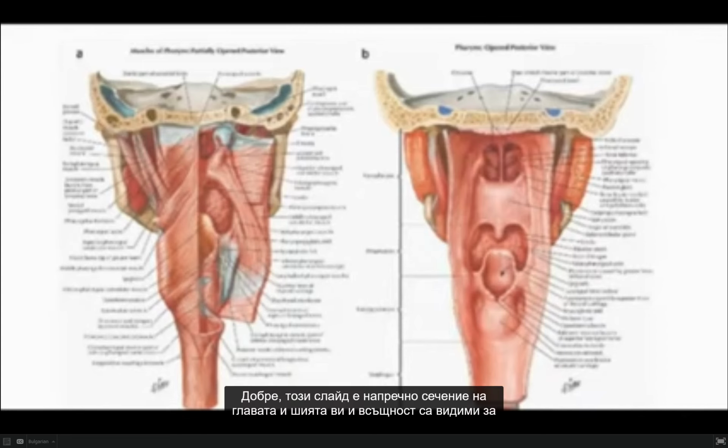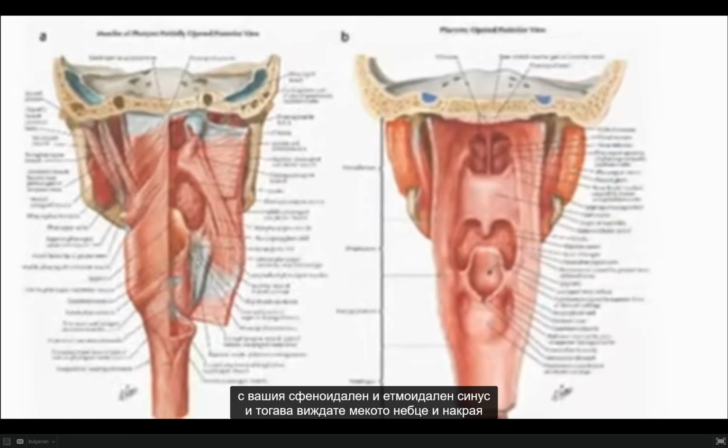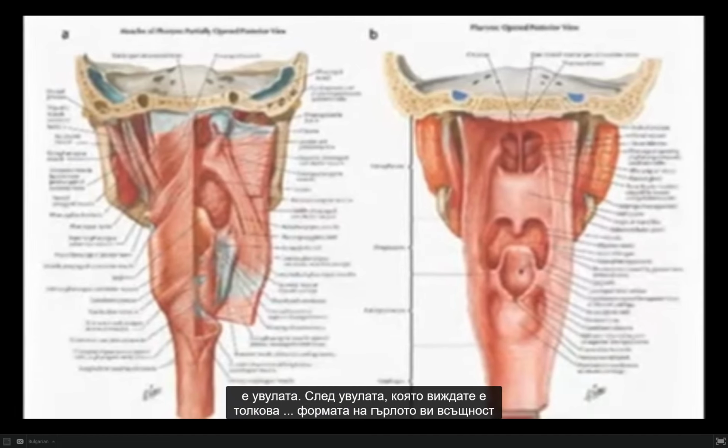Okay, so the next slide is a cross section of your head and neck, and actually visible for you are the skull bones, the top part, and then comes the sinus area with your sphenoidal and ethmoidal sinuses, and then you see the soft palate, and the end is the uvula.